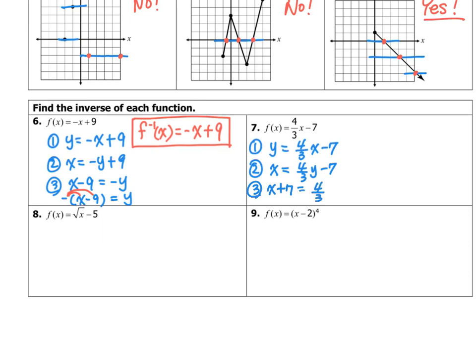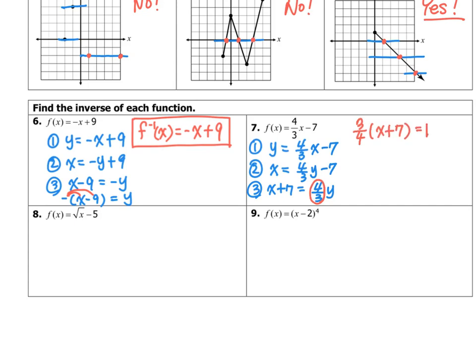That will give you x plus 7 equals 4 over 3 y. Now this is the time you use the reciprocal in order to get rid of the fraction in front of the variable. So what is the reciprocal of 4/3? It is 3/4, so you're going to multiply 3/4 on both sides.